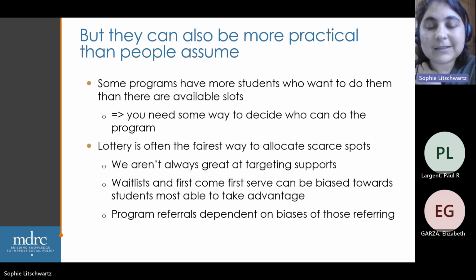Wait lists and things like first come, first served can really be biased towards students who are able to show up first or can wait on a wait list and don't need whatever we're offering right now. And program referrals can be dependent on the biases of the people who are referring them.